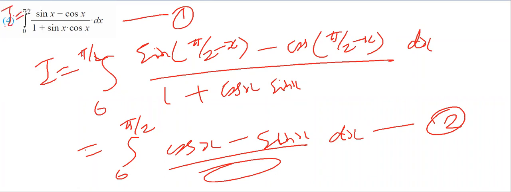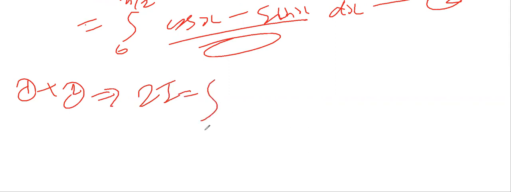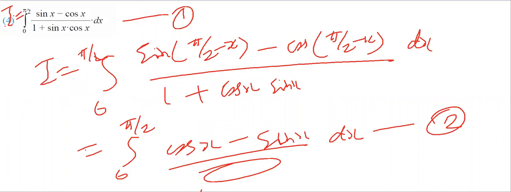So what you will do now? You will going to add equation number 1 plus equation number 2. So you will get 2I is equal to integral 0 to pi by 2. Here what was that? Sin x minus cos x.